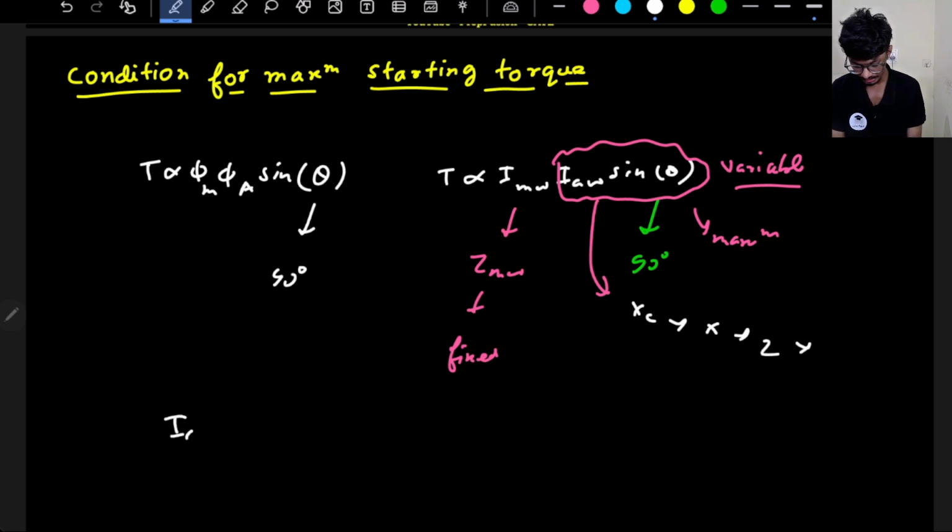So what is your I_AW? I_AW is simply V upon Z_A, right? Now your Z_A itself is varying. What is constant? R_A is constant. R_A is Z_A into cos theta A, correct?